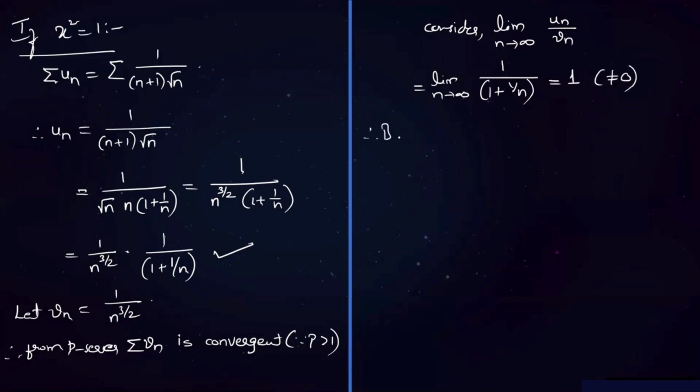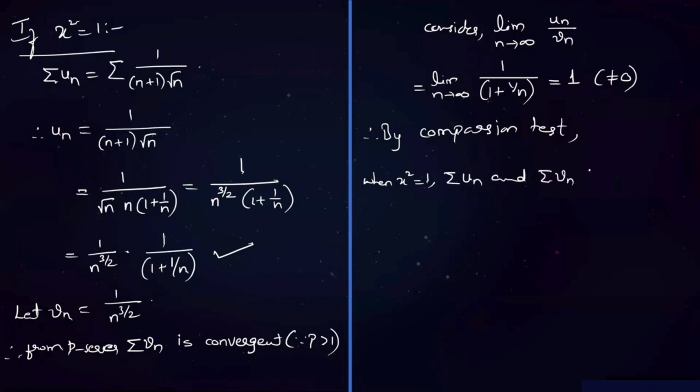Therefore, by the comparison test, since you got a finite limit not equal to 0, we can say summation un, and let me just add a sentence here, when x square is equal to 1, summation un and summation vn behave alike.